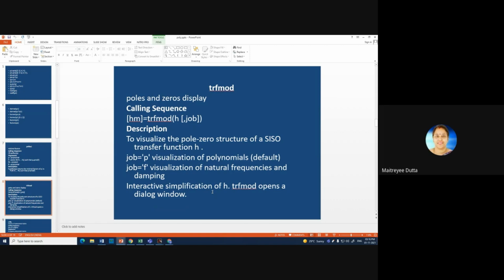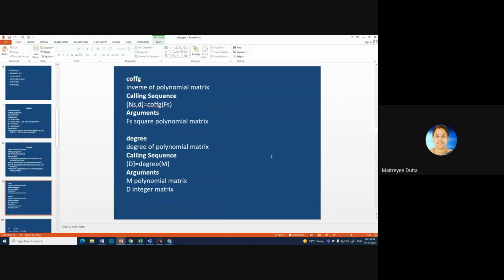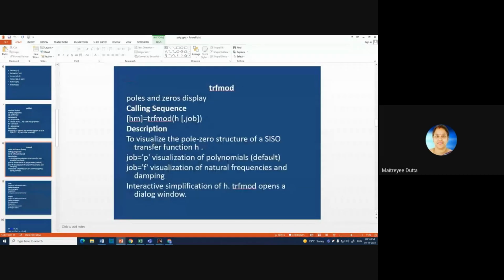This is actually where you can give the option, that H is your transfer function, and then you can choose if you want to see the visualization of the poles or the visualization in terms of frequency. Now we will see how it offers.